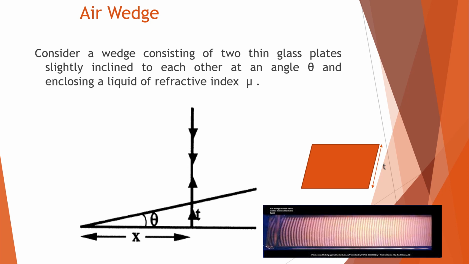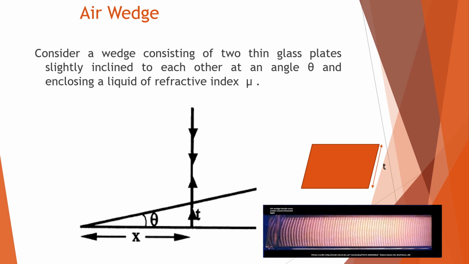Hope you remember the first essay that you studied in interference for plus 2. It was Young's double slit experiment. It was Young who first demonstrated this phenomenon of interference in a laboratory using the double slit experiment. There also you are getting alternate dark and bright bands. Then you derived the expression for bandwidth beta.